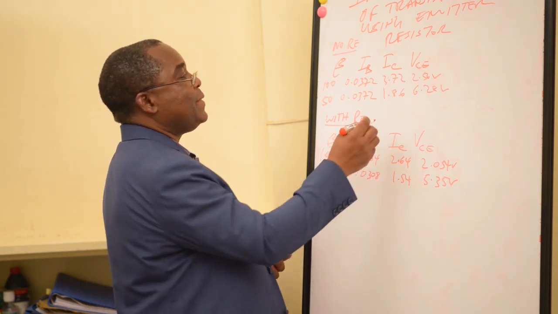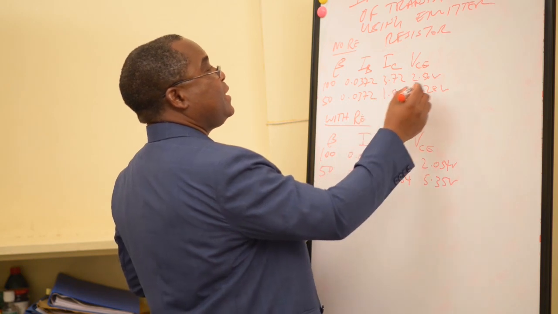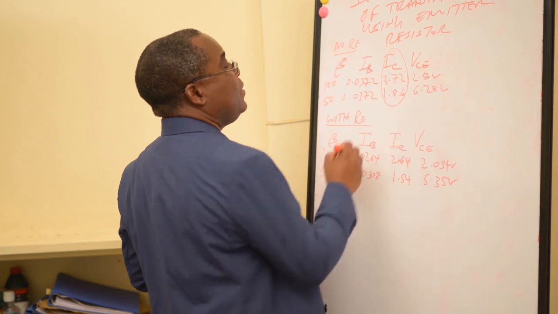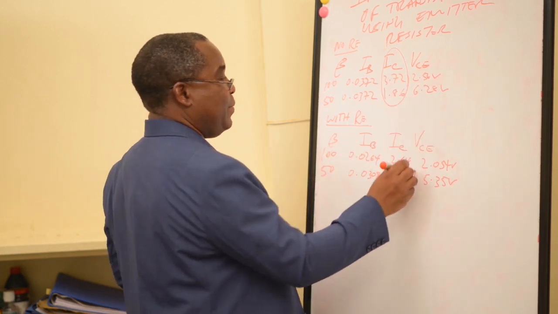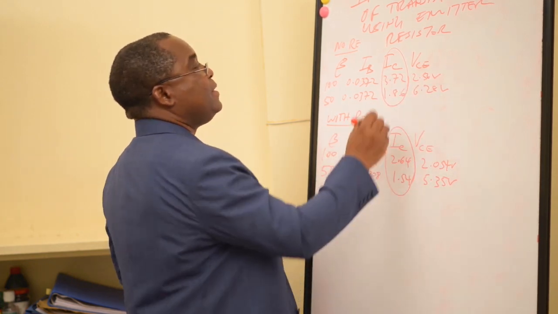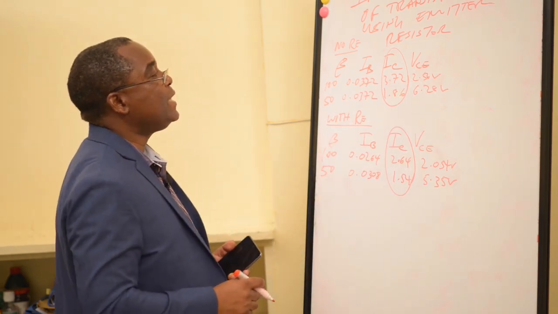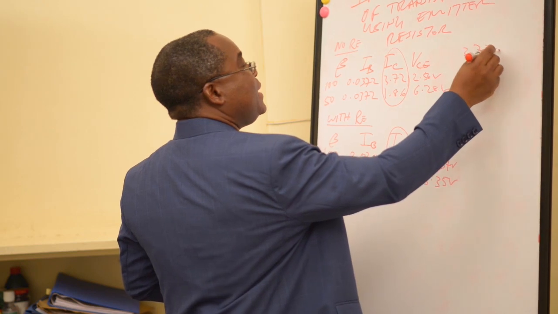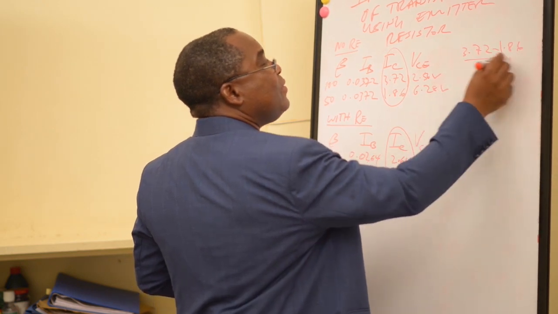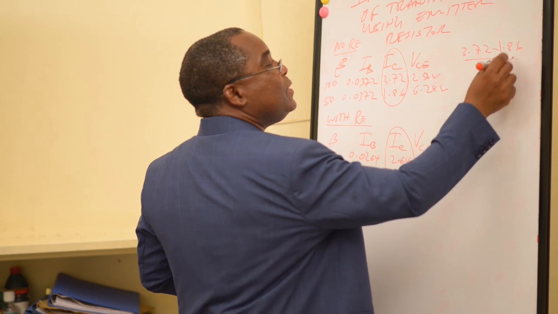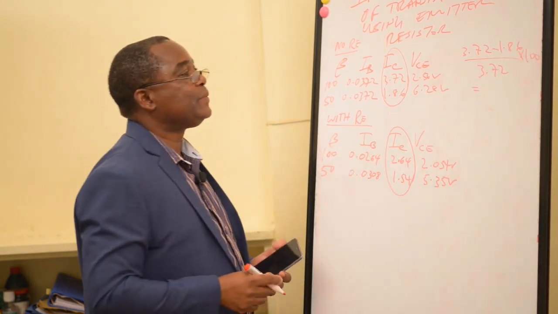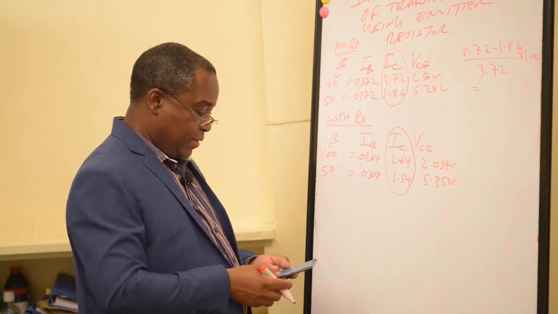We can check here the percentage. We are comparing this one, this is our collector current. Then we will take 3.72 minus 1.86 over 3.72 times 100. Then we will have our percentage here. Again, it's normal algebra.